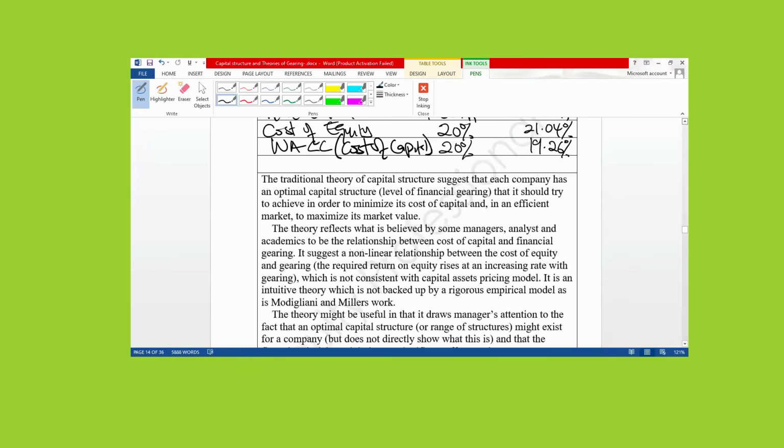The traditional theory of capital structure suggests that each company has an optimal capital structure, in brackets, the level of financial gearing that it should try to achieve in order to minimize its cost of capital and, in an efficient market, to maximize its market value.